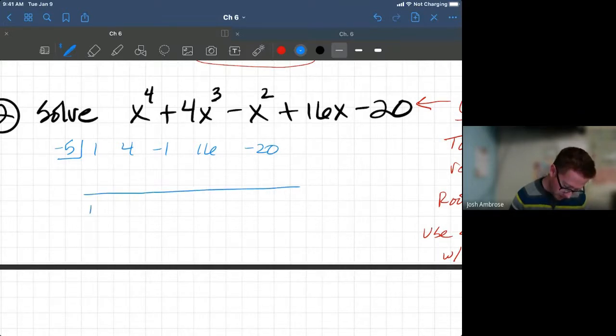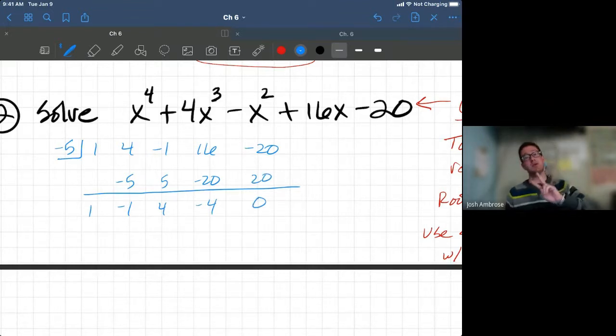The 1 drops straight down. Let's start to fill in our values using synthetic division. I'm just trying to save you some time. I know I'm filling these in a little quicker than you'd like, but the whole purpose here is, 1, saving time, and 2, you should know how to do synthetic division by now. If you don't, you've got to be asking questions in class.